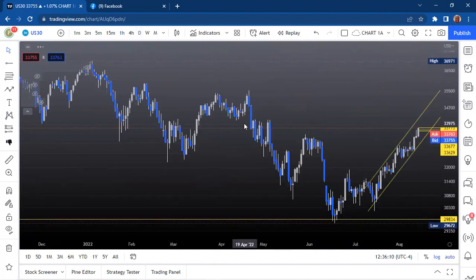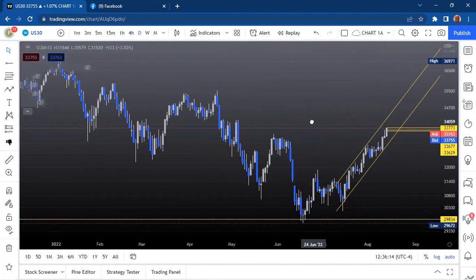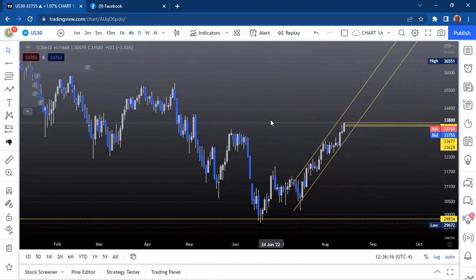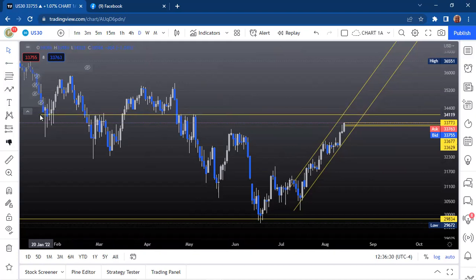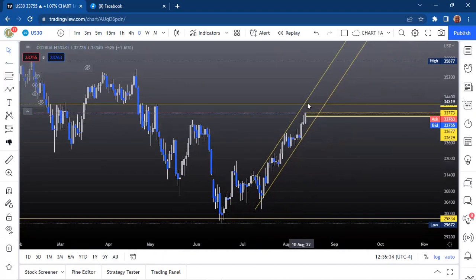The next level is where support and resistance levels come in. The next level of resistance is right here, where all the candles touched. This is a level of resistance, so you can set your TP right at the next level of resistance, if that's what you want to do.